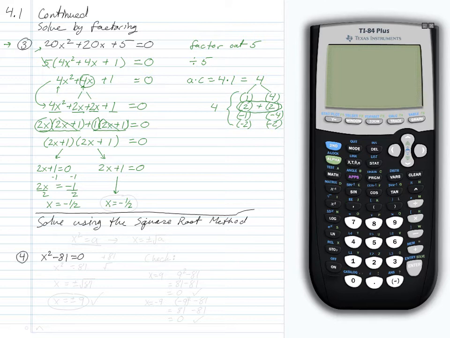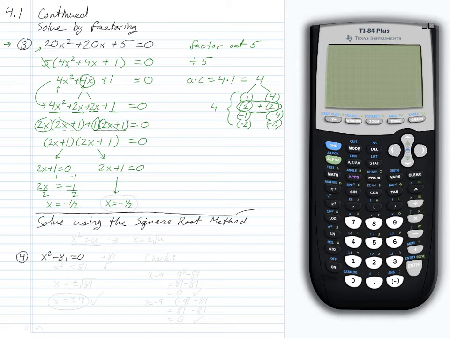Let me check those x values, and this one I'm going to do in the calculator to show you how that would work. So a little trick that I like to use with the smarter graphing calculators, if that's what you're working with. Some scientific calculators also have this feature. But you can store numbers in a given variable. So you'll notice on mine there are all these little letters on a bunch of the keys.